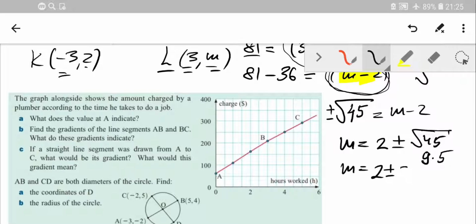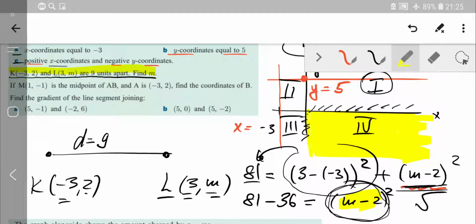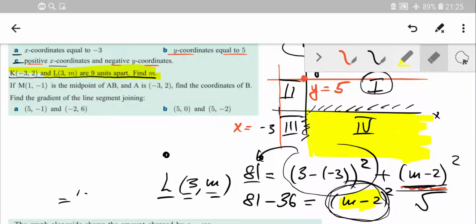So the final answer here is 2 plus or minus 3 square root of 5. Okay, that's the final answer for this problem. Next one, I just need more space, obviously.